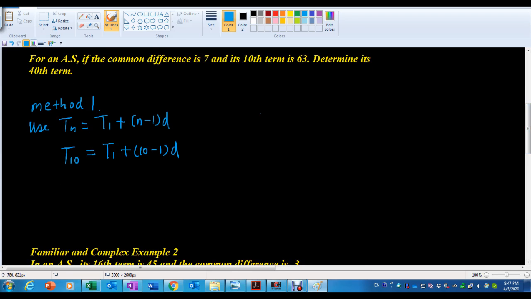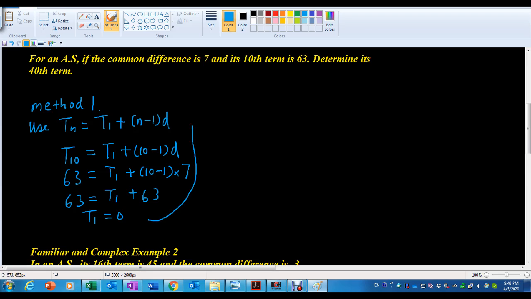We know that d is 7 and the 10th term is 63, so you substitute 63 into T10, and T1 is what we don't know, 10 minus 1, and the common difference 7. So that's 9 times 7, 63.